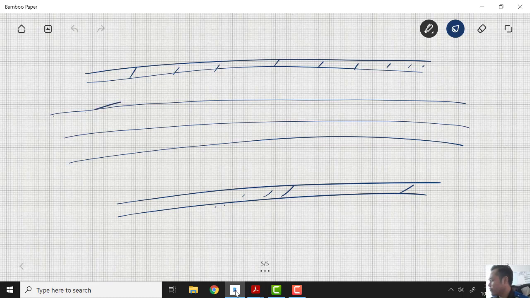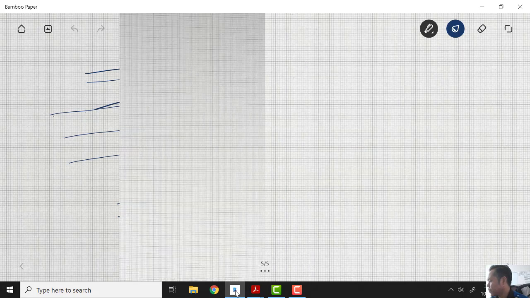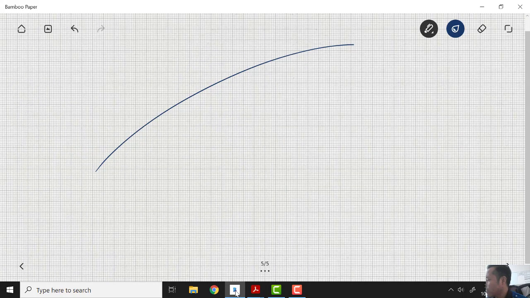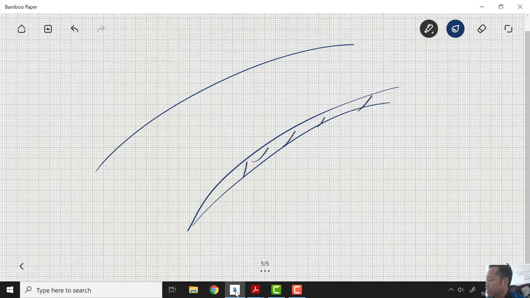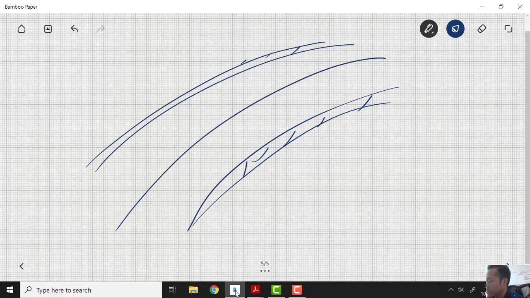You could also have a curved pipe. Inside this curved pipe we have a streamline of water.